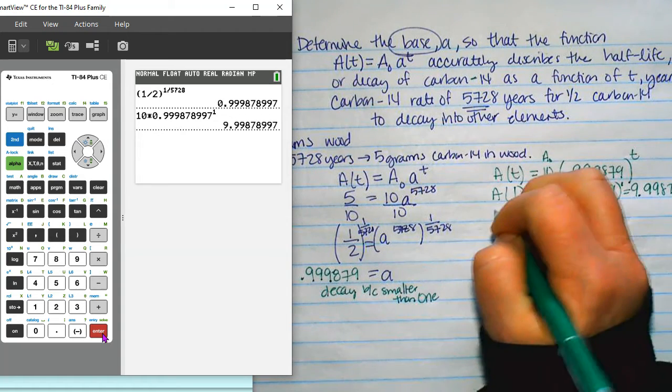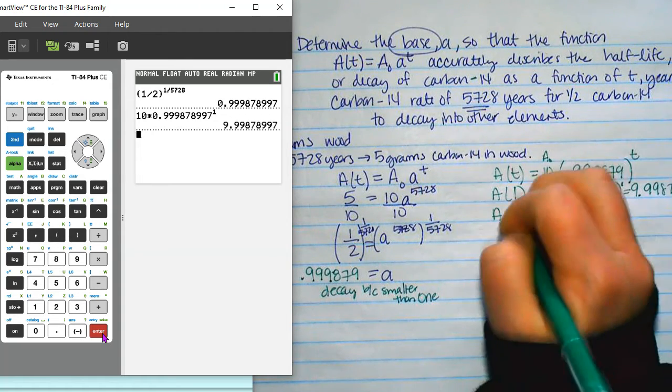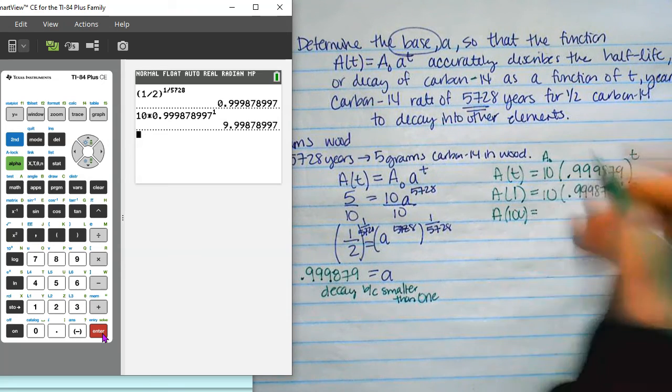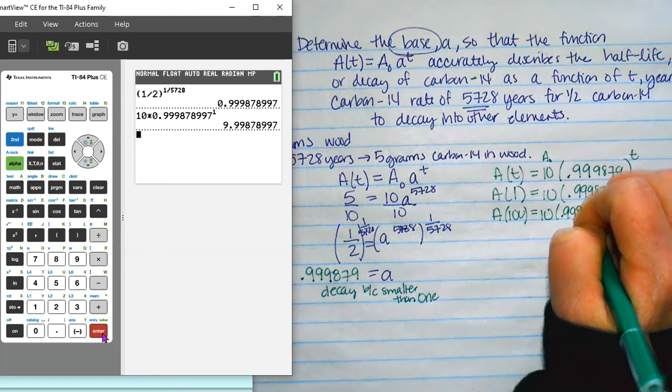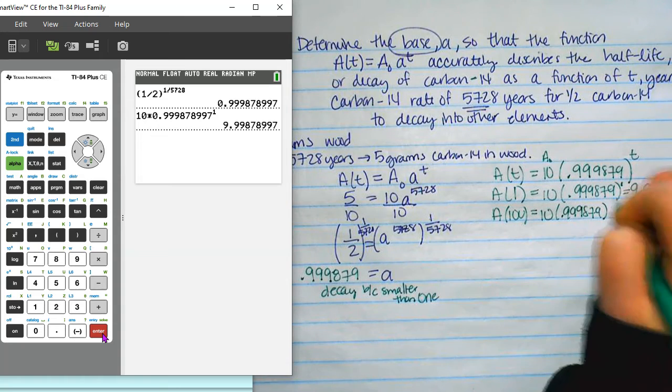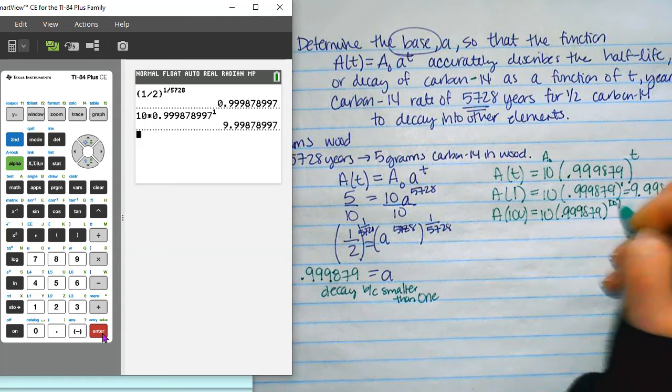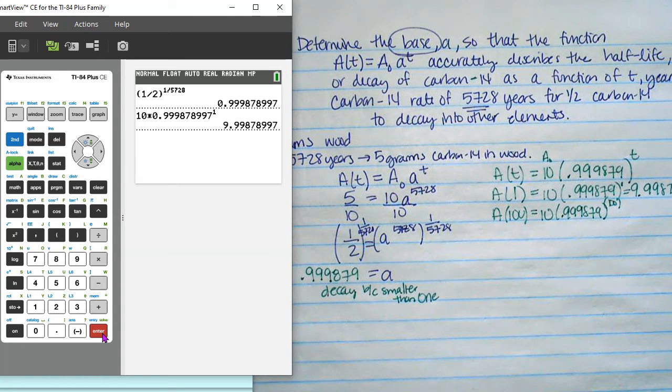And then after 100 years, I've got 10 times 0.999879 to the 100 power. So I'm going to do the same thing. 10 is my initial quantity times, I'm going to go back up to this amount.